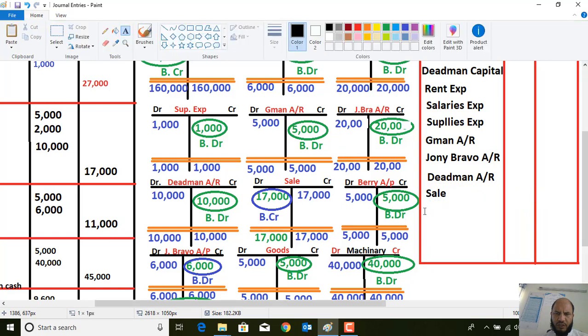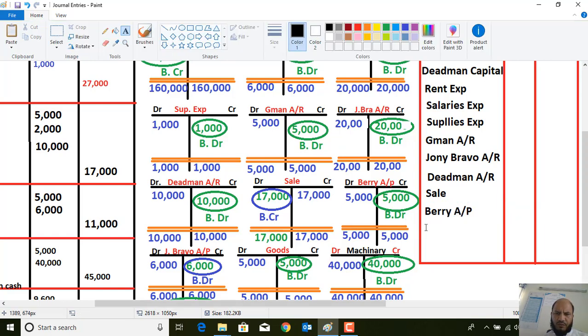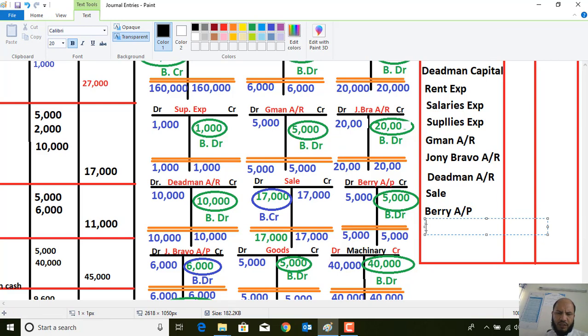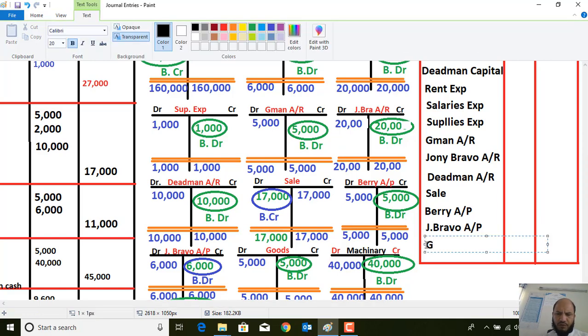We will have another account titled Biri account payable, another account titled Unibrow account payable, and we also have another account by the name of goods, and the last account by the name of machinery.